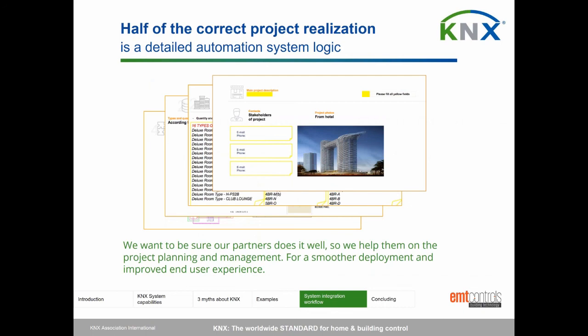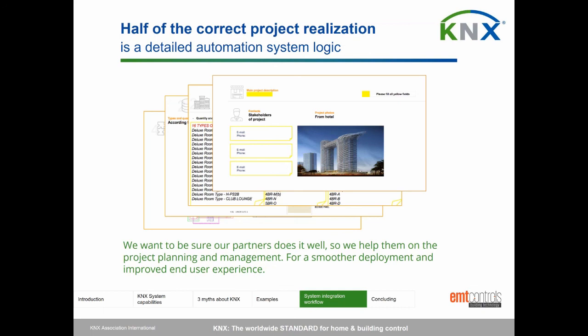Half of the correct project realization is detailed information about the automation system logic. We know how the quality of lighting automation work affects the satisfaction of the visitors of your building, and the duty of the company providing the automation services is to ensure correct operation and reliability of the system.